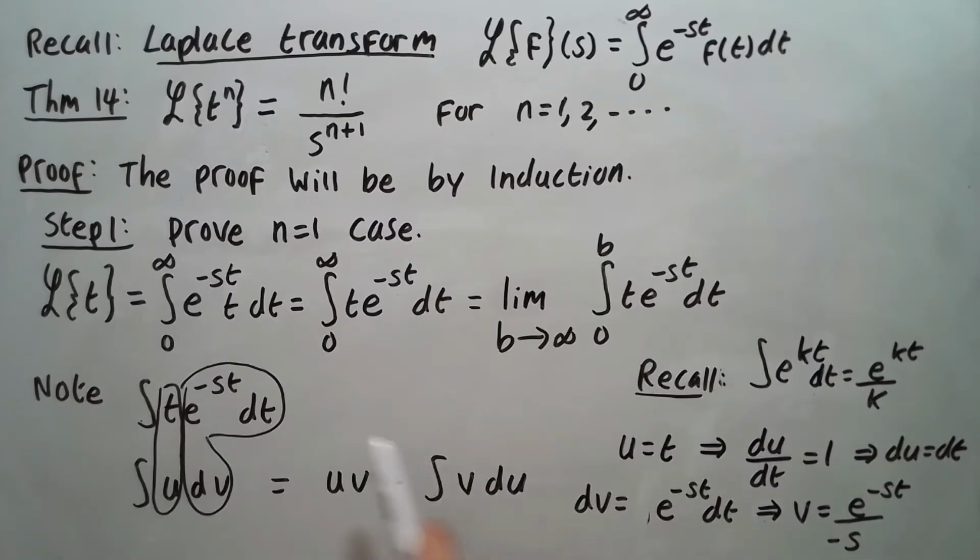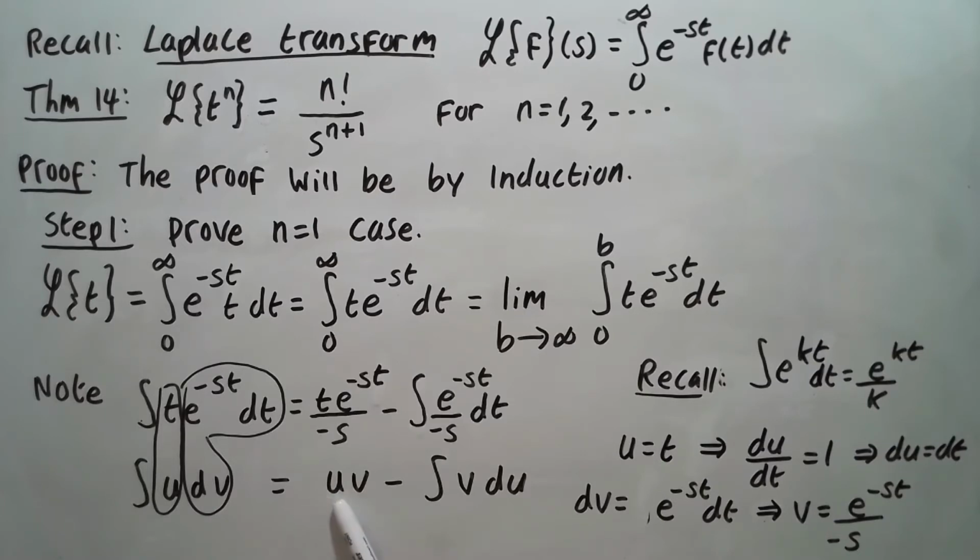Okay, so plugging in for my u's and v's, we get uv, where u is t and v is e to the minus st over minus s, minus the integral of v du, which is equal to dt.